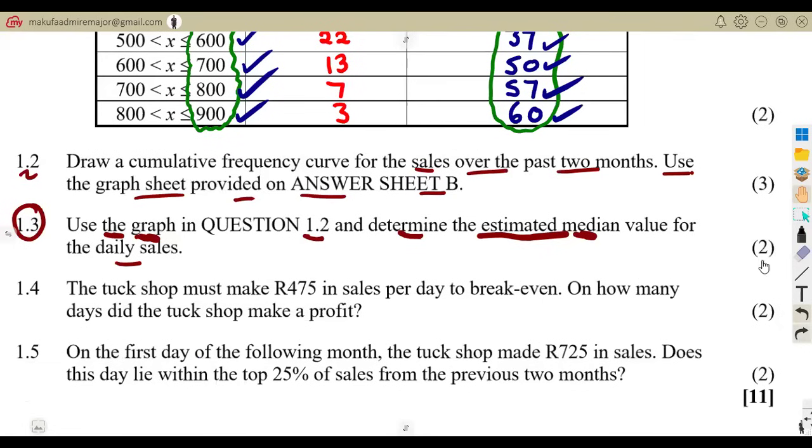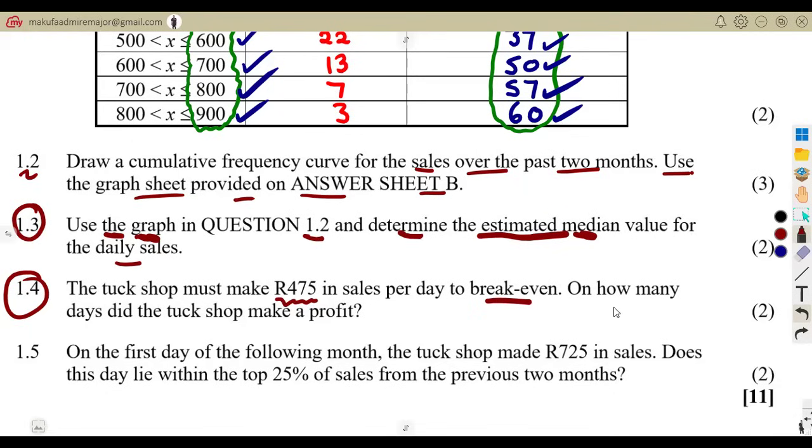Let's answer another question. The tuck shop must make 475 in sales to break even. So they must make 475 rand.